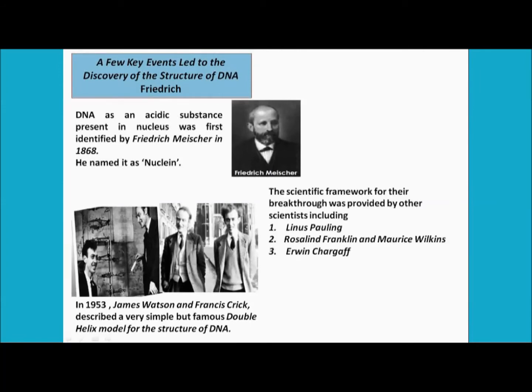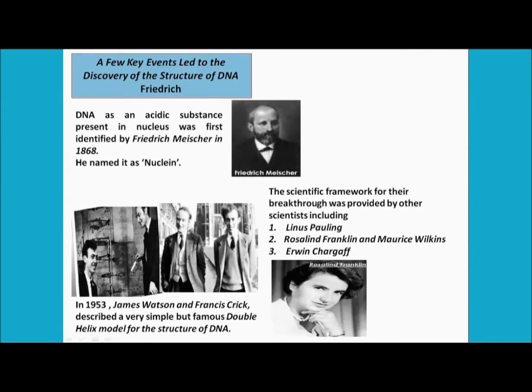I'm mentioning the names of a few scientists like Linus Pauling, Rosalind Franklin, Maurice Wilkins and Erwin Chargaff. Their postulates and theories helped to finally come to a rigid point that the DNA has a double helical structure. So this is Rosalind Franklin, and here we have Maurice Wilkins, right?